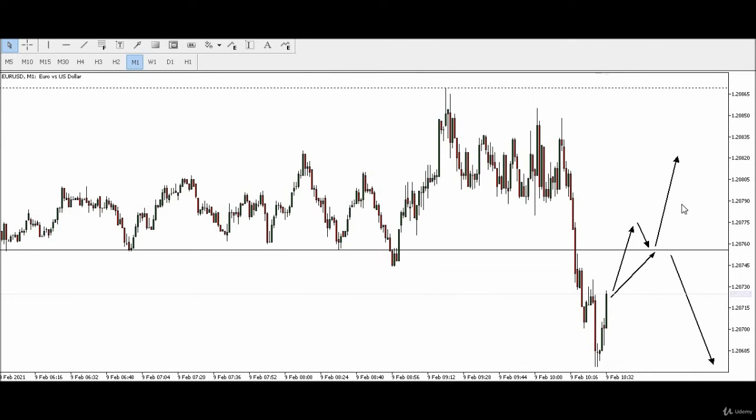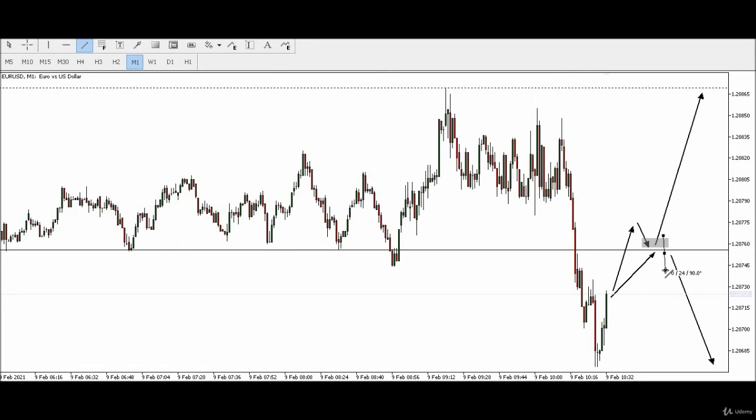And now let's set the targets for our trading. So if we are looking for buy here on the retest, our target is this line, this previous high, and our stop loss should be under this line or under the low of the rejection candles.